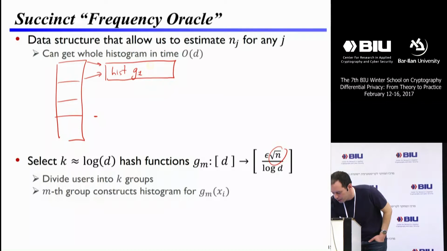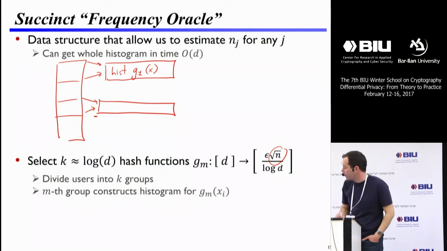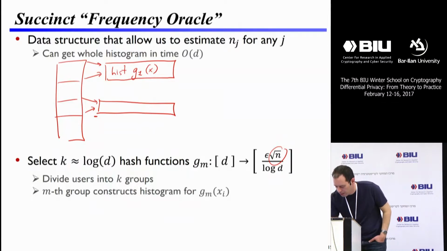The first group will construct the histogram of their value under the first hash function. The mth group will together construct a histogram for the mth hash function, and then the kth group for the kth hash function.